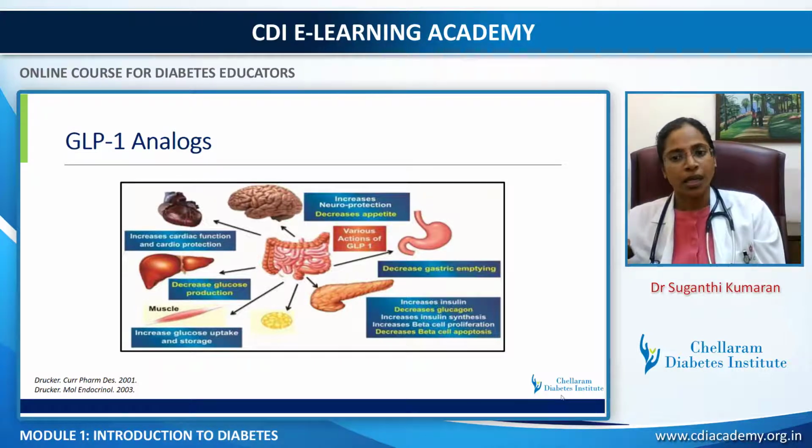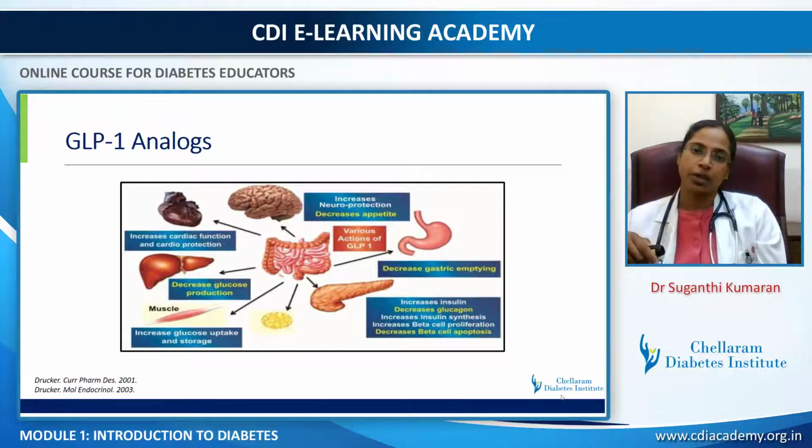It decreases beta cell apoptosis, that is cell death. When we talk about the fat cells, it increases the glucose uptake and the storage. In muscles, it decreases the glucose production, as well as in the liver. In the heart, it increases the cardiac function and cardioprotection. So these are the various ways by which GLP-1 analogs work.